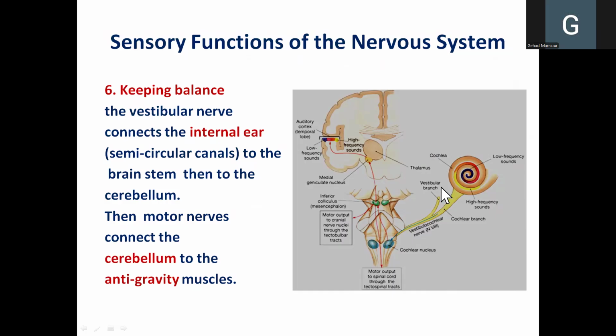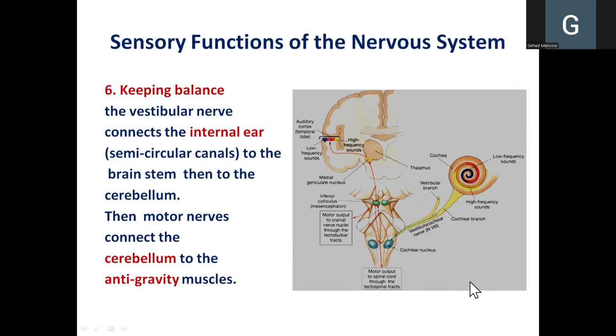And then, as you know, when your position changes, there are impulses that pass along the vestibular division of the eighth cranial nerve, relay in the vestibular nucleus, and then ascend to the brain to tell the brain about your position. But here, of course, as I said before, unfortunately, I haven't changed the diagram.